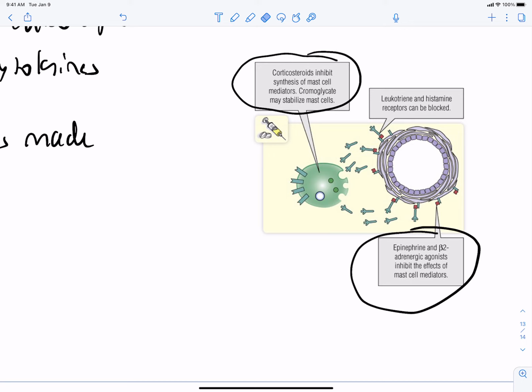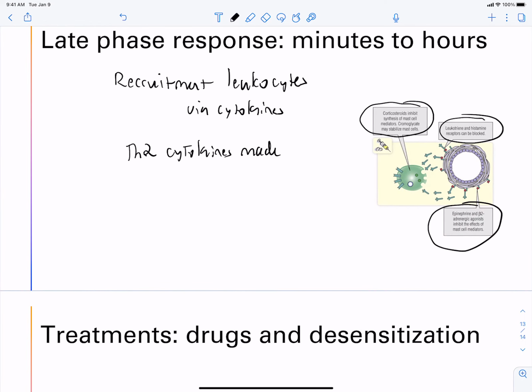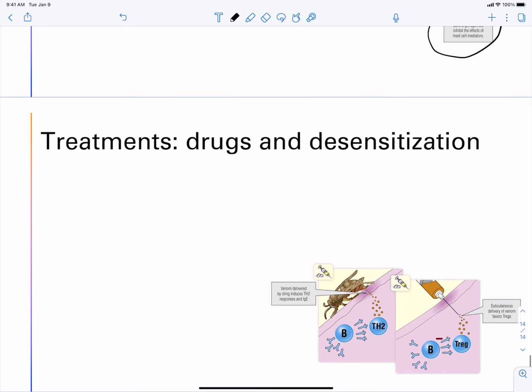And the goal is to especially block those early phase mediators with these treatment options. So again, we have those beta 2 agonists, and these are going to prevent smooth muscle contraction.